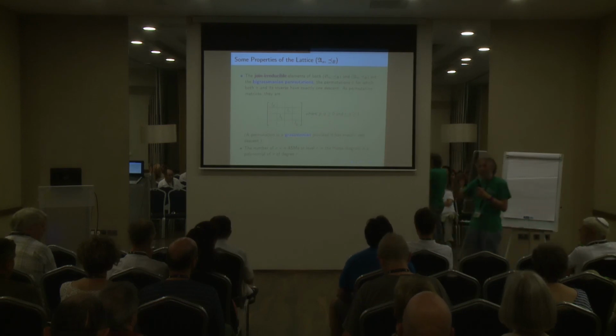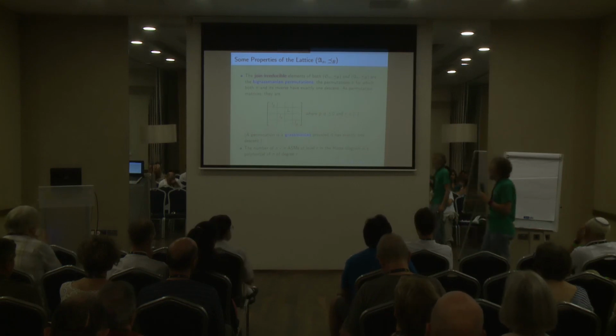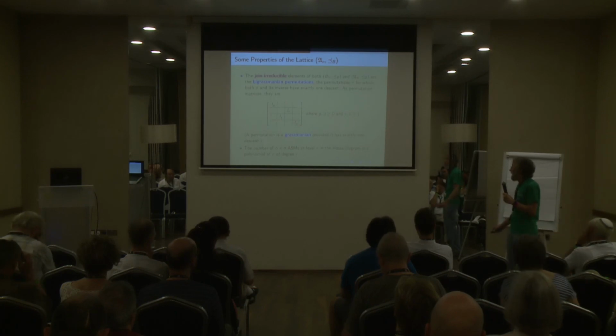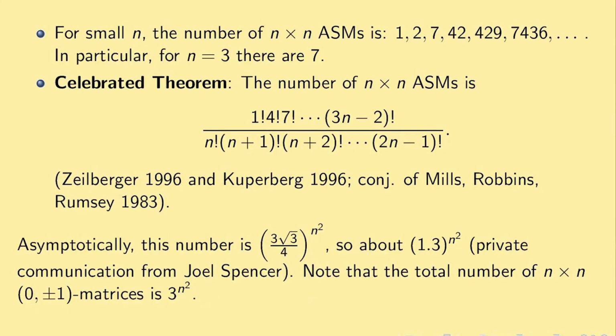So the number at each level is a polynomial in n of degree equal to the level, like so. Now, if you've never come across ASMs before, then you've never come across this remarkable theorem.